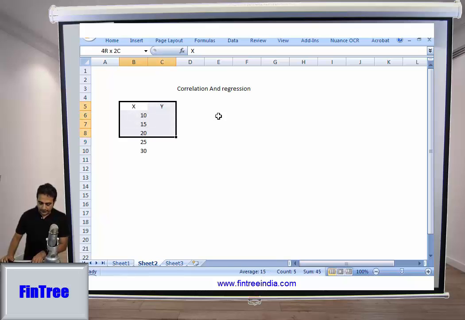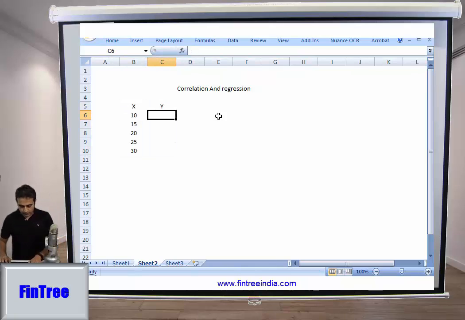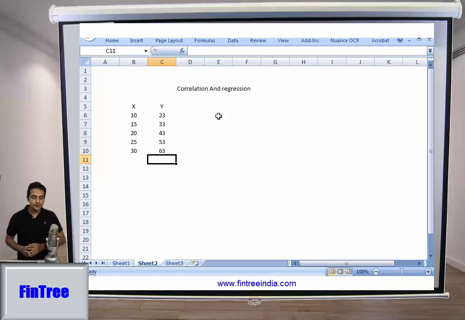So we have values of X, and we have values of Y. Values of Y here could be 23, 33, 43, 53, and 63.